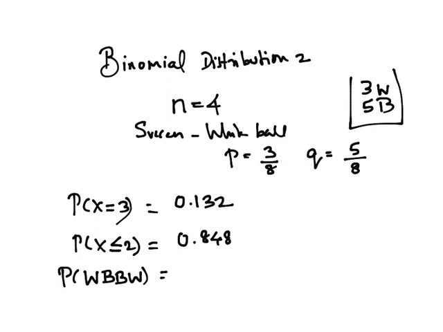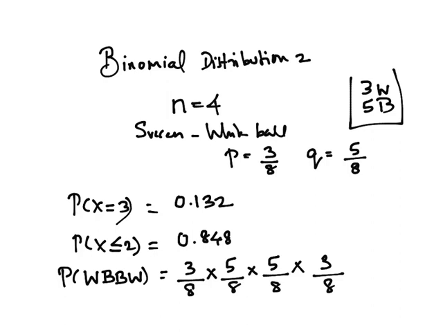What you need to do is write it as white ball is 3 by 8 into black ball is 5 by 8 into black ball is 5 by 8 into white ball is 3 by 8. So this is the answer, probability of white, black, black and white in that order.